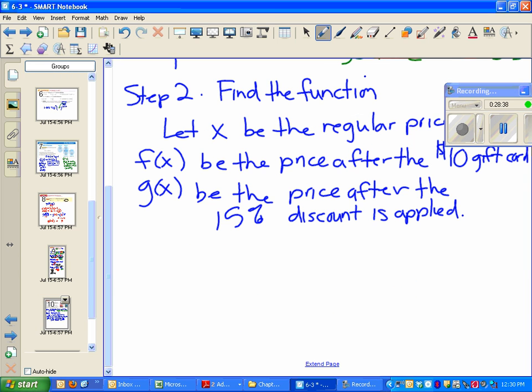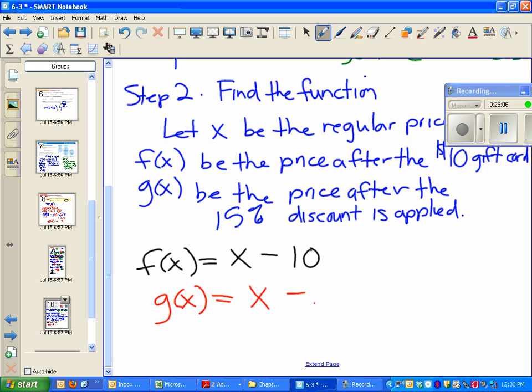Okay, so for our f of x, if x is the regular price, they're going to ring up everything, get a total, and subtract the $10 gift card. So for f of x, it's x minus 10. For g of x, they're going to ring everything up and then subtract 15% of that purchase.